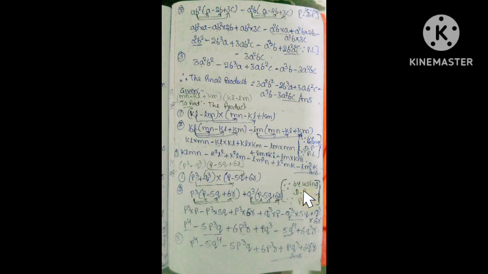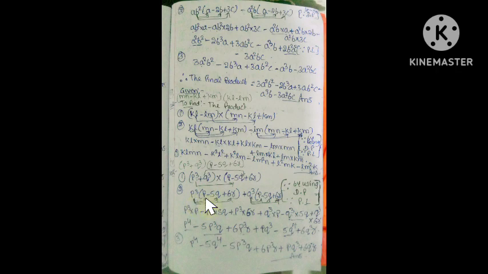So the first term of the binomial is PQ. PQ is multiplied by each term of the polynomial. So PQ into 3P, minus 5Q, plus 6R. Next, plus the second term of the binomial, that is Q to the power of 3, into the polynomial 3P minus 5Q plus 6R. Then again by using the distributive property, the monomial is multiplied by each term of the polynomial.